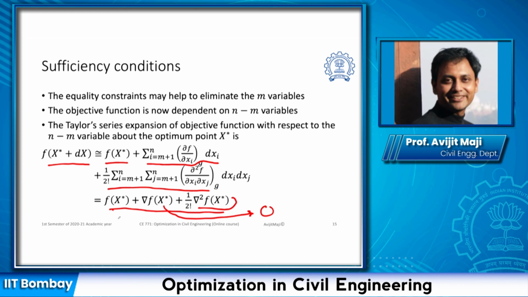So in the neighborhood of the optimum point, if we find that the function value is greater than the function value at the optimum point, then we know that we have the function value as minimum.